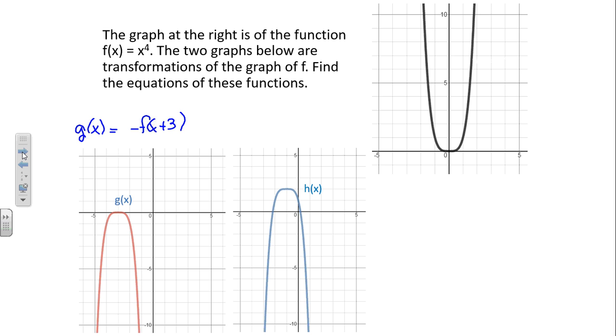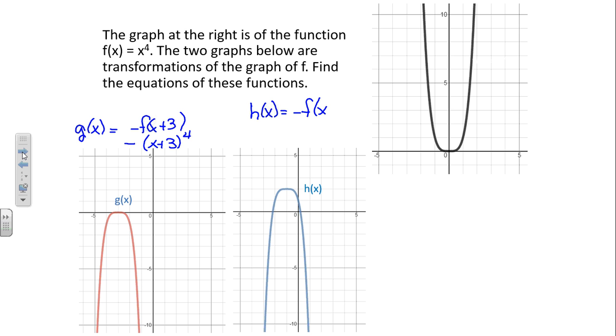Everybody good with that? If you told me that this is negative x plus 3 to the 4th power, that's fine as well, because you know your original function. I'll take either answer. All right, next one. What happened with h? Negative. So h of x is a negative f of x, right?